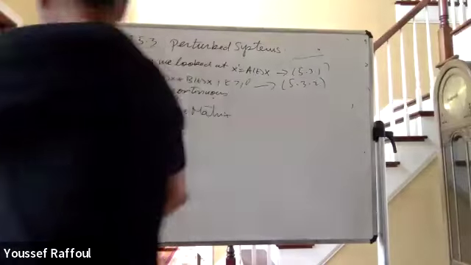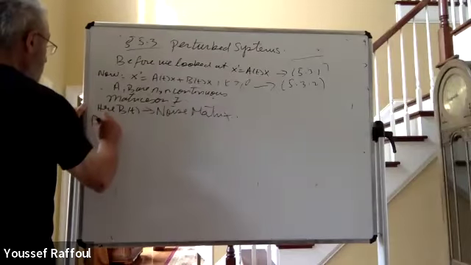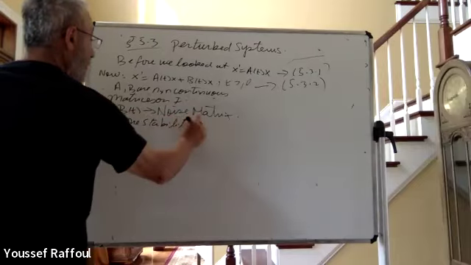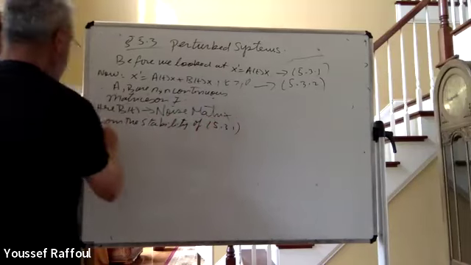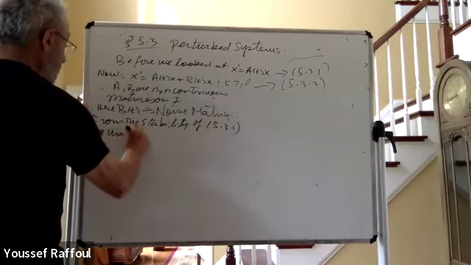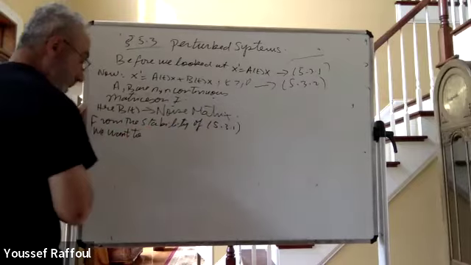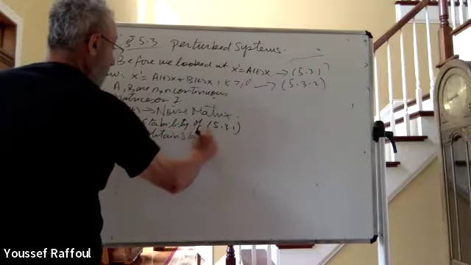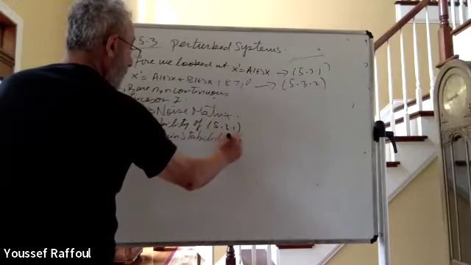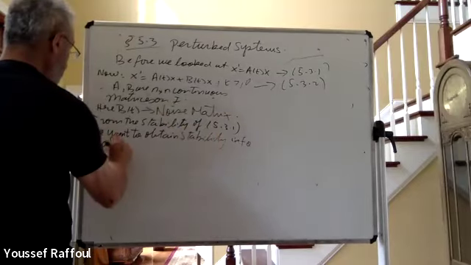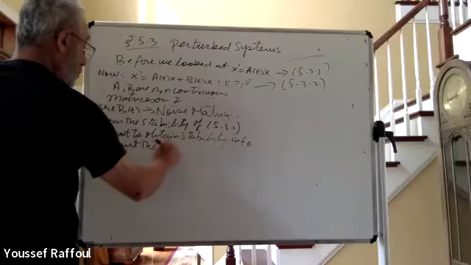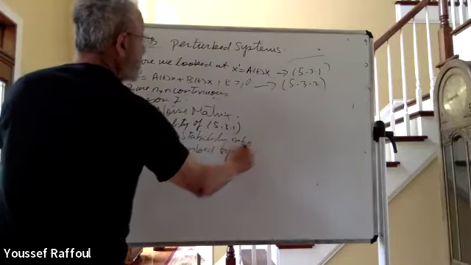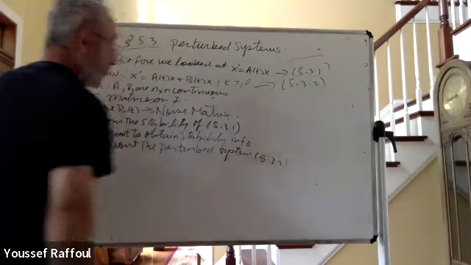So from the stability of 5.3.1, we want to obtain stability info about the perturbed system 5.3.2.